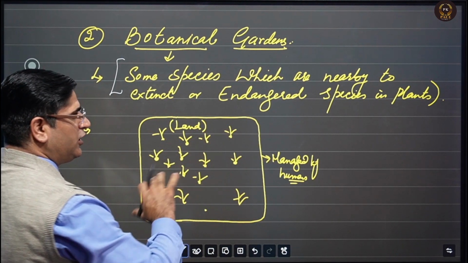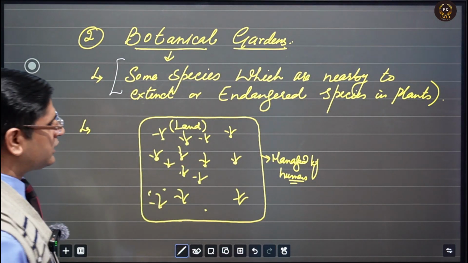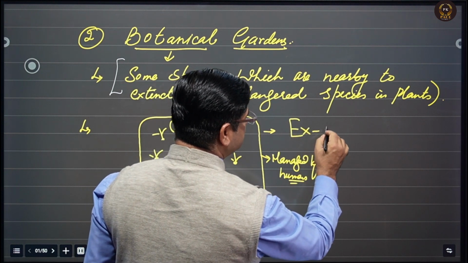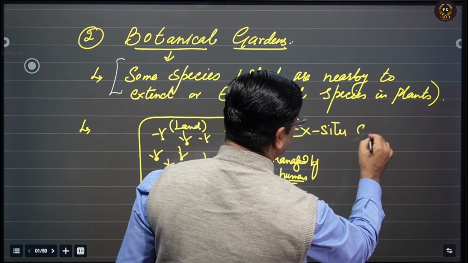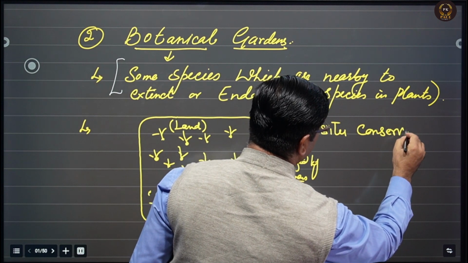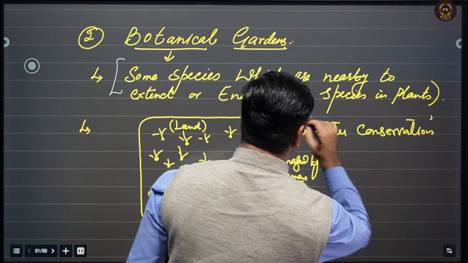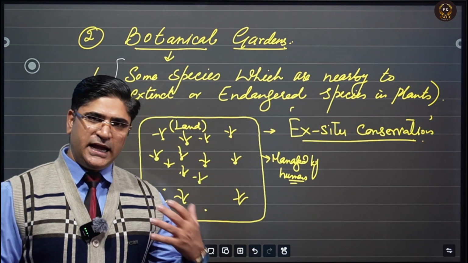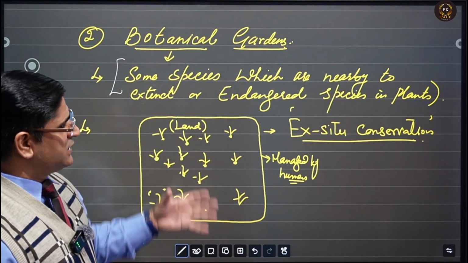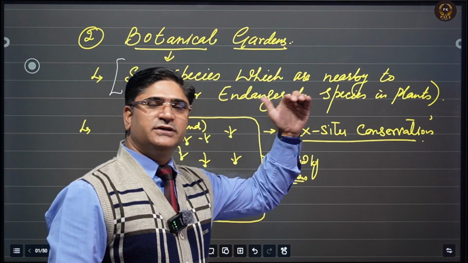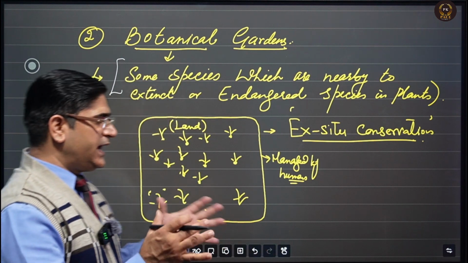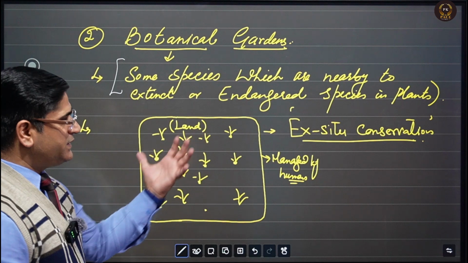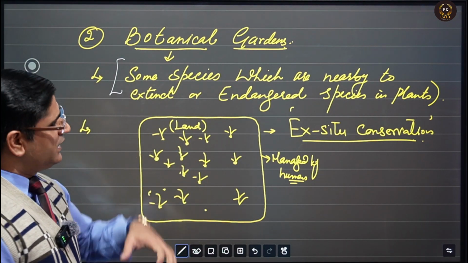This kind of tool is known as ex situ conservation. It means that different plant species that are endangered or going extinct are taken from different geographical areas and developed in a proper tract of land under human control, saved and prevented from becoming endangered.